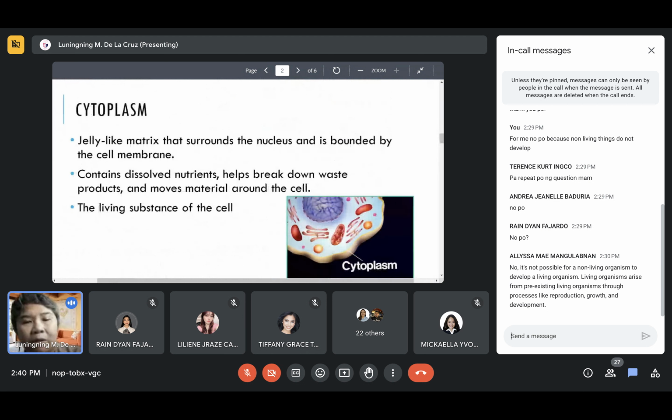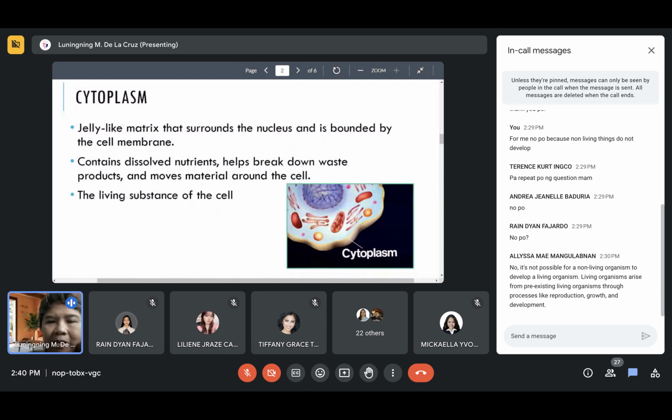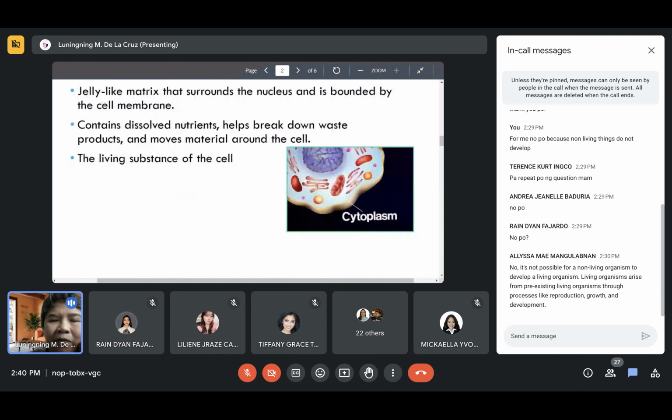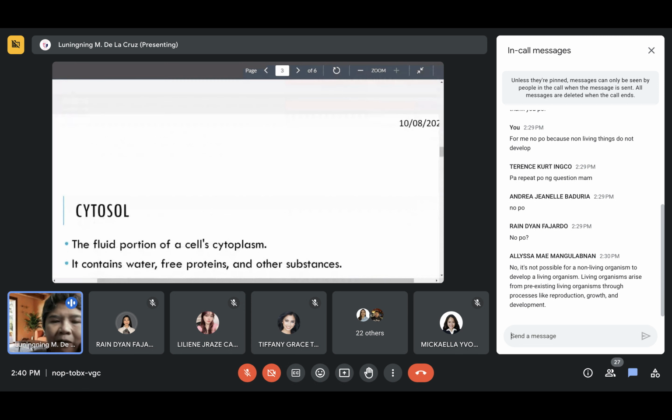Okay, now the cytoplasm contains the different nutrients that the cell needs. It also helps break down waste product and move materials around the cell. It is the living substance of the cell where you can find the different organelles.